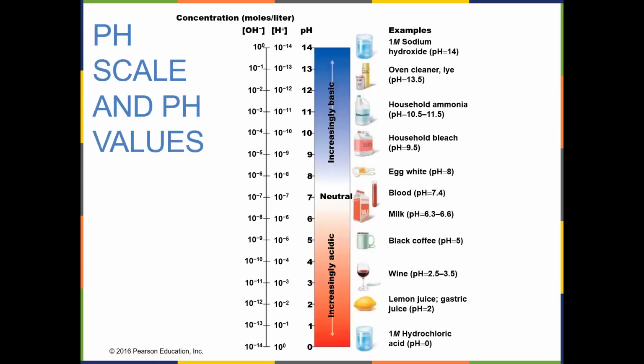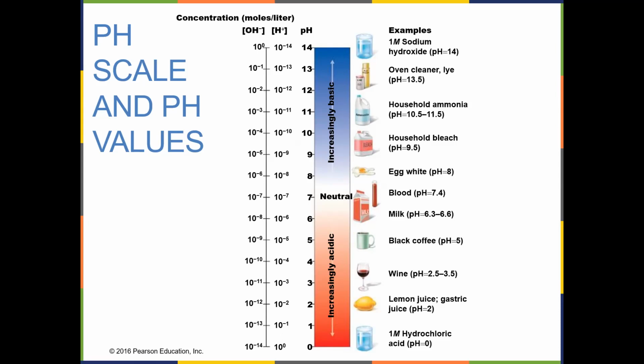And there's the scale. These are examples of different pH values. Sodium hydroxide is pH of 14. Oven cleaner is 13.5. Ammonia is around 10.5. Bleach is around 9.5. Egg whites, believe it or not, is alkaline. It's pH of 8. There is whole blood at 7.4.